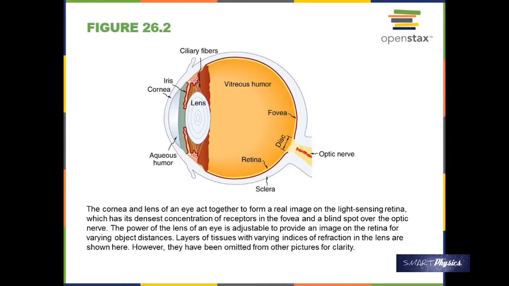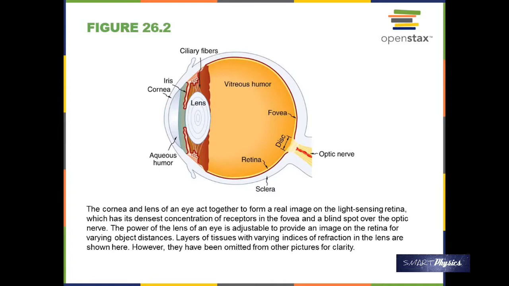So when the object is closer, the focal length of the eye lens becomes smaller. Hold on. If the focal length becomes smaller, what happens to the power?